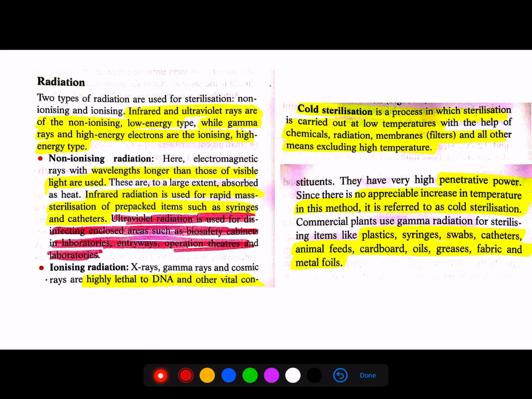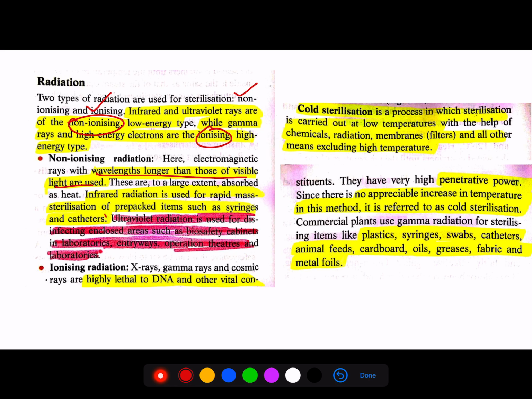The next one is radiation. There are two types of radiations for sterilization. One is non-ionizing radiation and second one is ionizing radiation. So please do make a note which comes under non-ionizing and which comes under ionizing. Coming to the non-ionizing radiations, here electromagnetic wavelengths longer than those of visible light are regularly used.